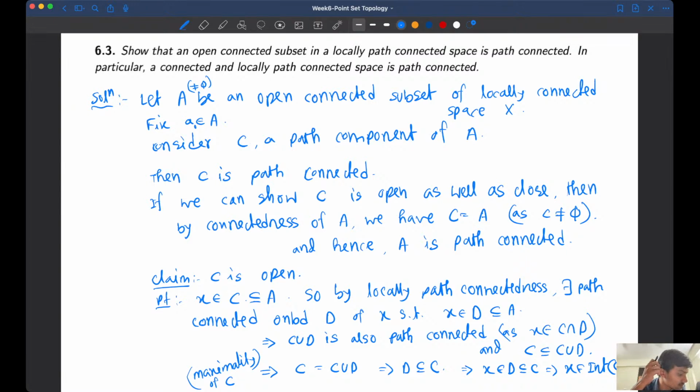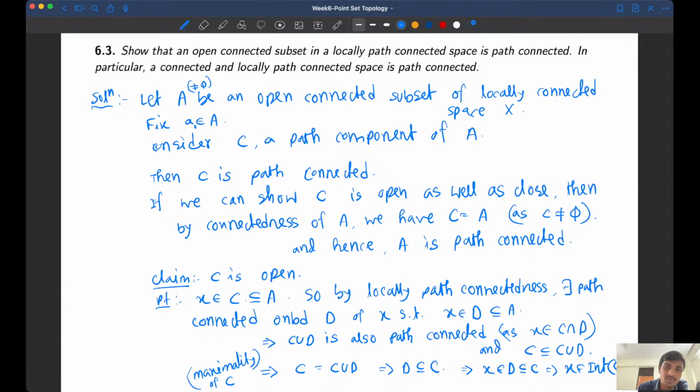C being both open and closed, will it imply C is equal to A? Yes, that's due to the fact that any non-empty subset which is both open and closed has to be equal to the entire space. That's the connectivity.